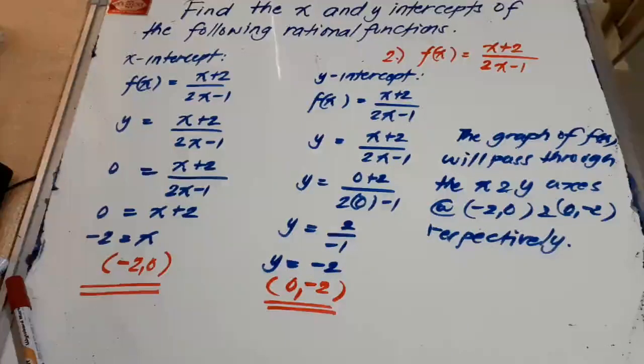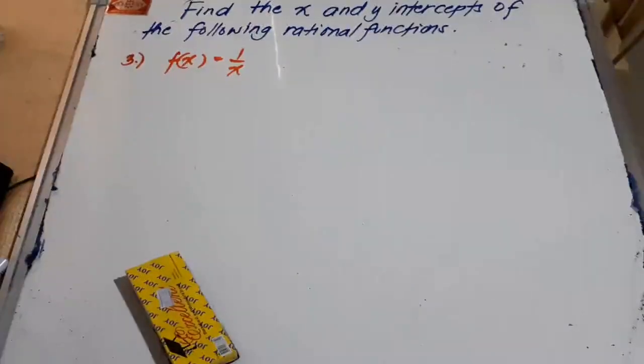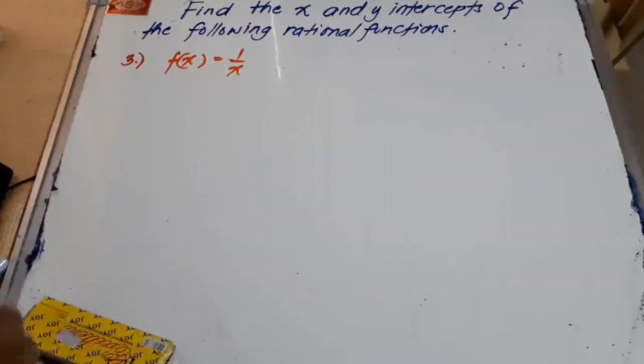I'm going to give you another example, the third example in finding the x and y intercepts of a rational function. Number 3, we have f of x equals 1 over x. So we're going to follow the same procedure in finding x and y intercepts. Okay?